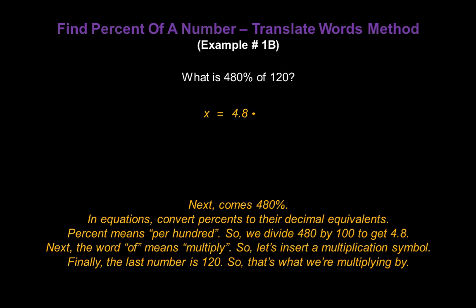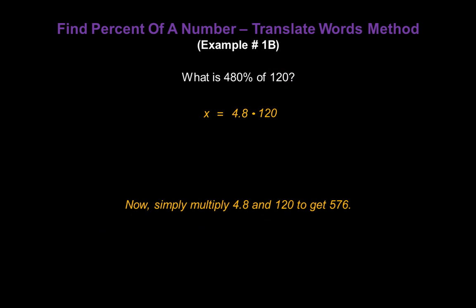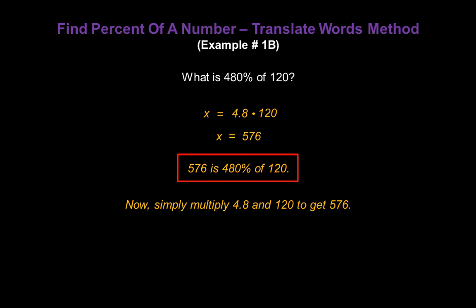And finally, the last number is 120, so that's what we're multiplying by. Now we simply multiply 4.8 and 120 to get x equals 576. So 576 is 480% of 120.